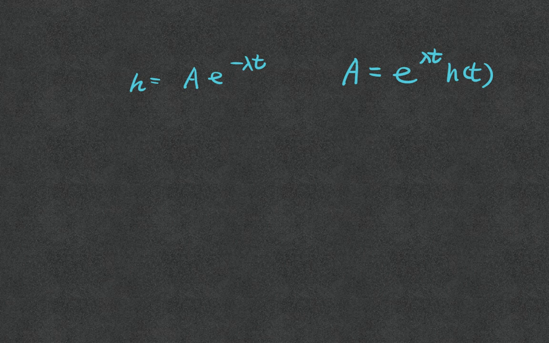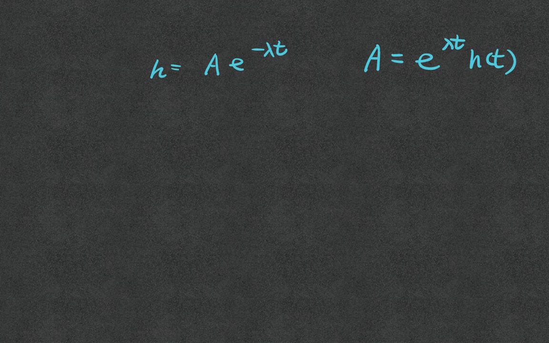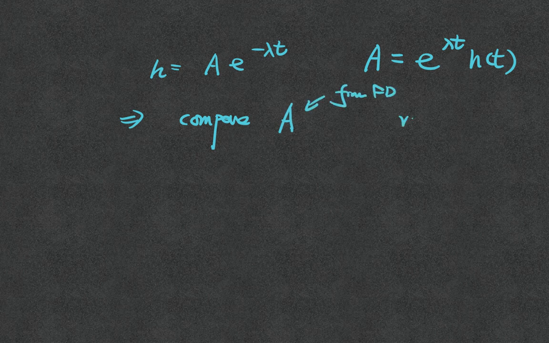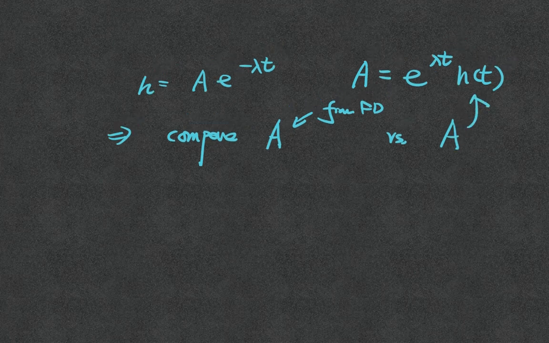So what we need to do next is to compare the amplification factor A that comes from the finite difference versus the A from here. We want to compare them, and from that we can measure the error.